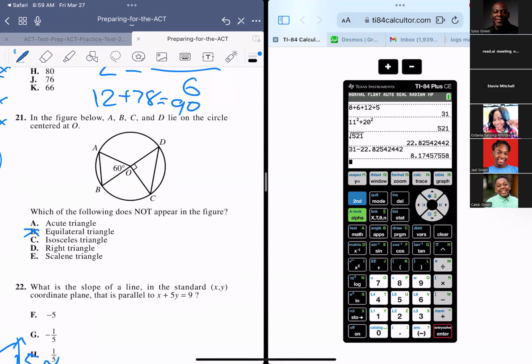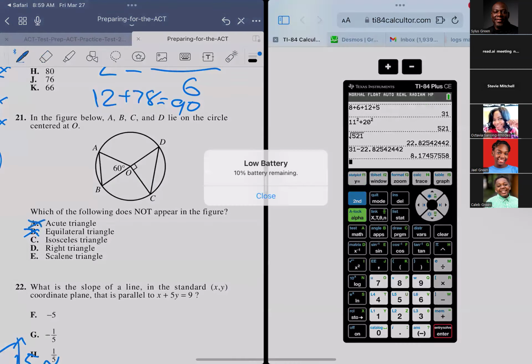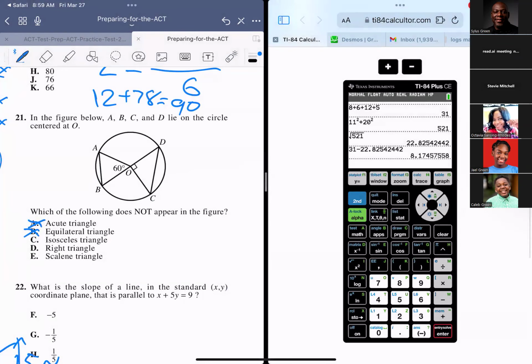Okay, acute triangle. Acute triangle is when all the angles are acute, and we know ABC, all the angles are acute. Isosceles triangle. This is equal to this.